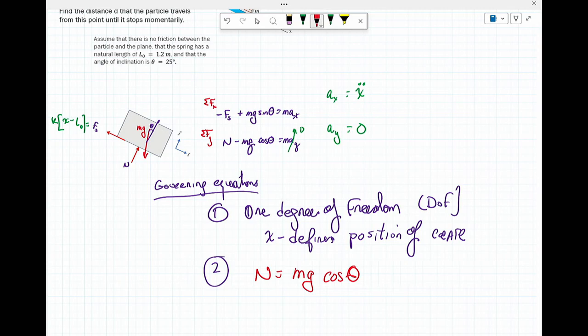We have n is equal to mg cos theta. Okay, so that's not too bad.